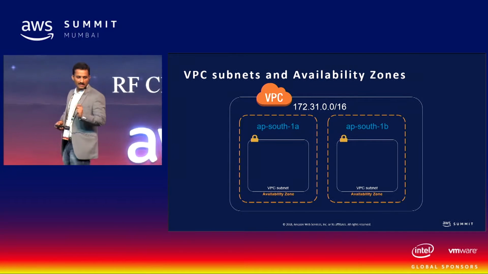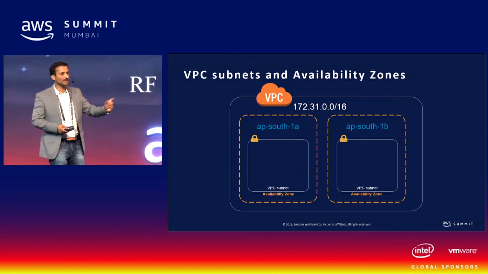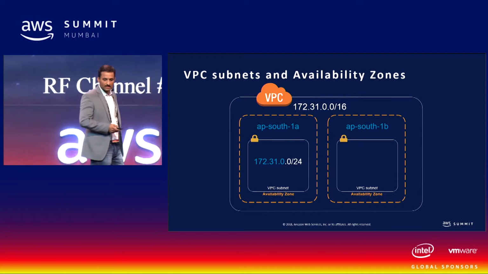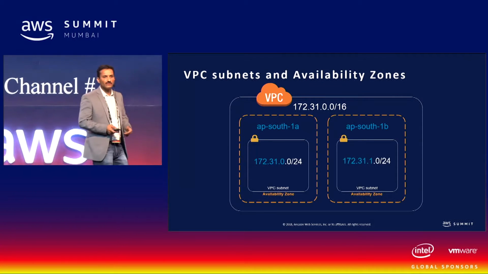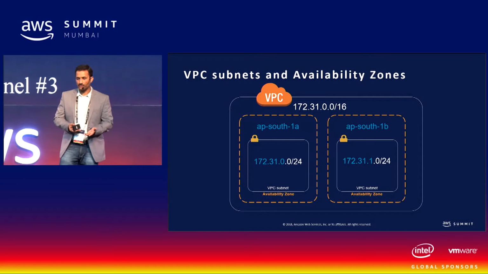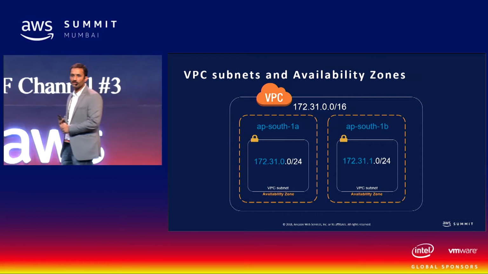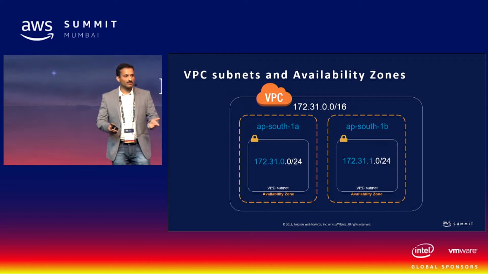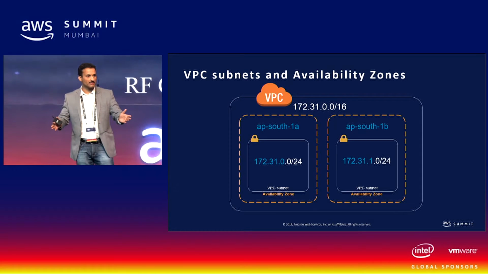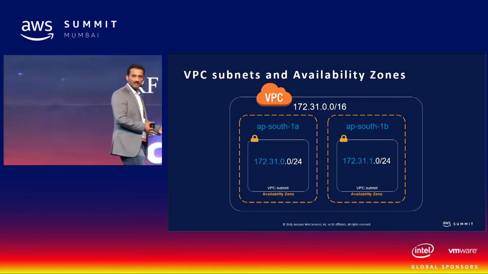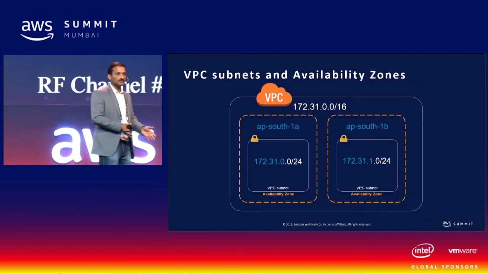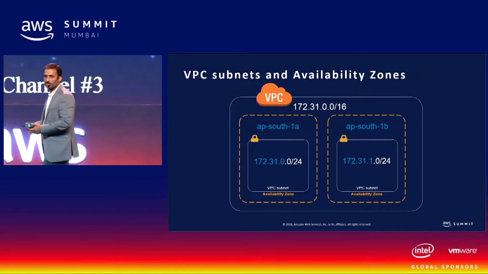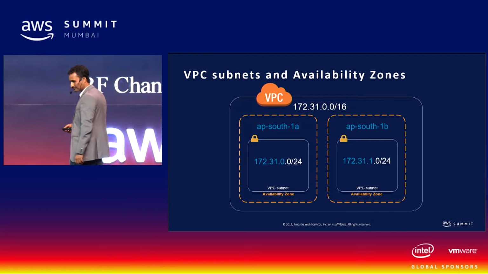That means when you create a subnet, it will sit in one of the availability zones. And you have a choice of spreading your EC2 instances across the availability zones for high availability. For example, if you have web servers which are serving traffic to the customer, you can have servers spread across both the availability zones, right? So that if one availability zone goes down in a rare scenario, you have another availability zone serving the customer traffic, right?